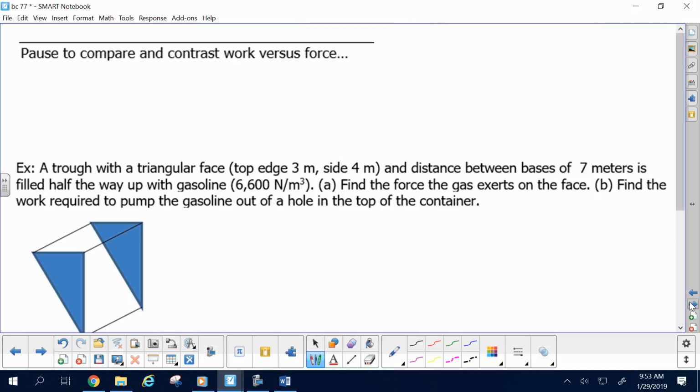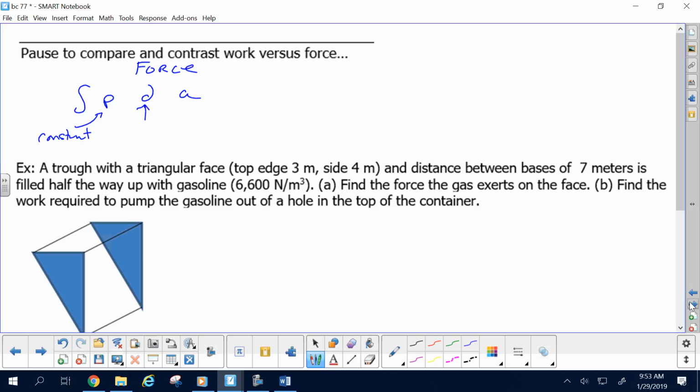Let's pause for a second. At this point you've seen a couple, and it's time to get straight in your head the difference between the two, because it's always the case that people get the two mixed up. So in force, it's rho times D times A, where rho is a constant weight density.